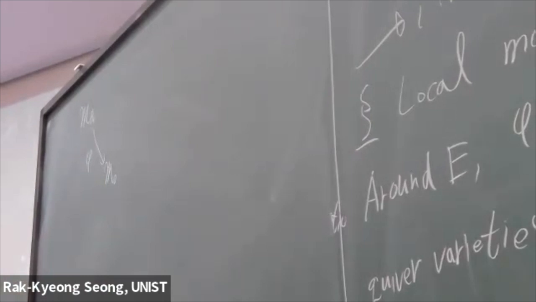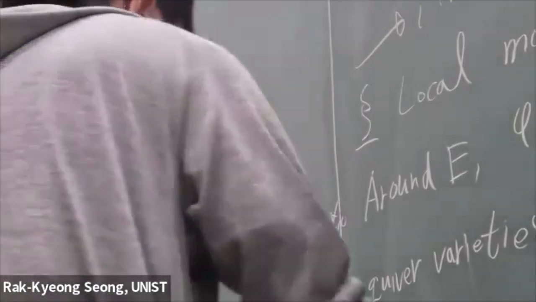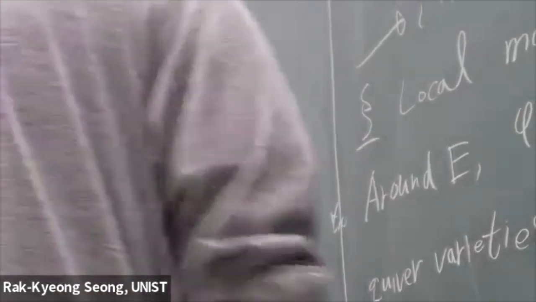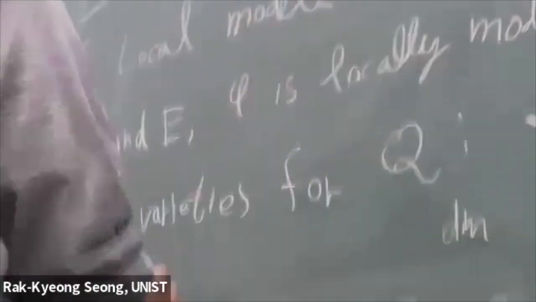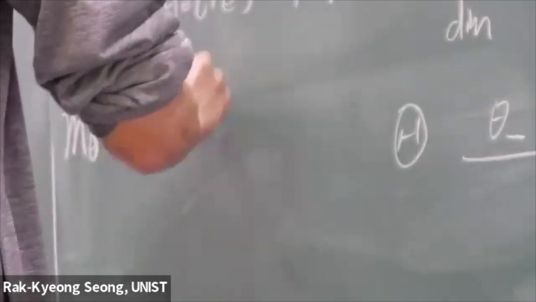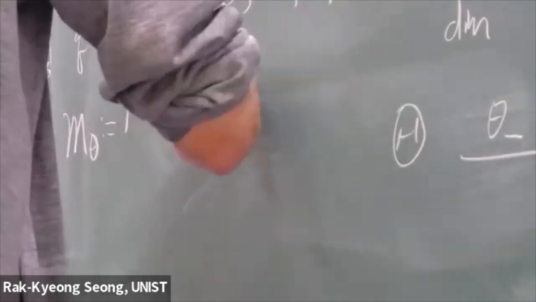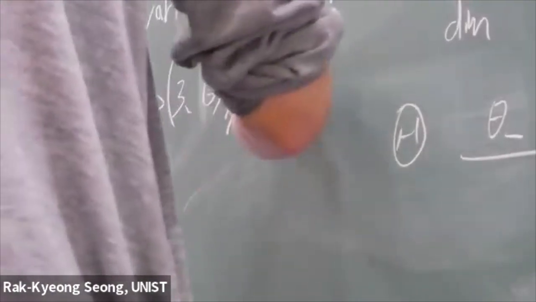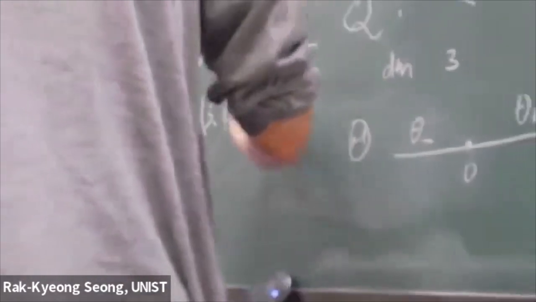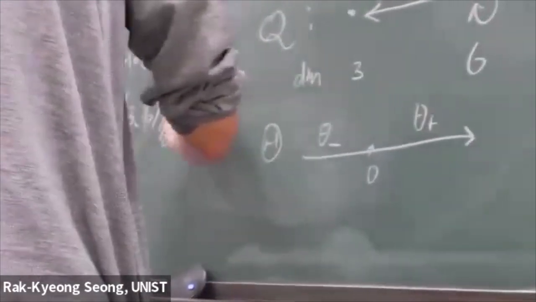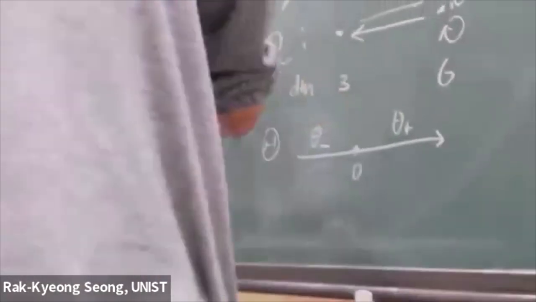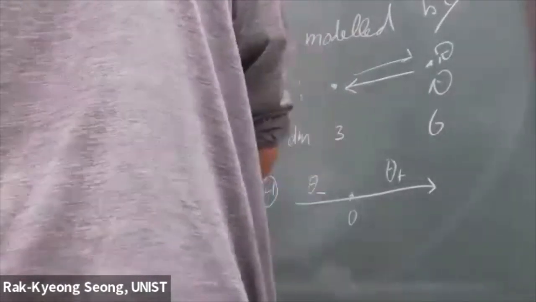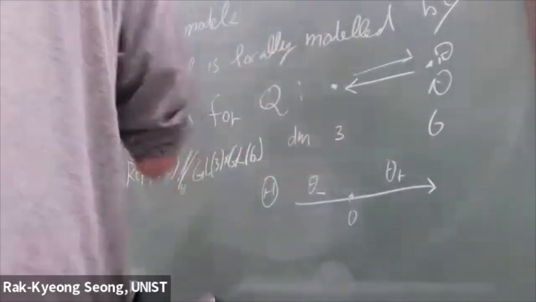By definition, this theta is defined as the hyperkähler quotient of the representation space of this double quiver for the action of the product of GL3 and GL6.